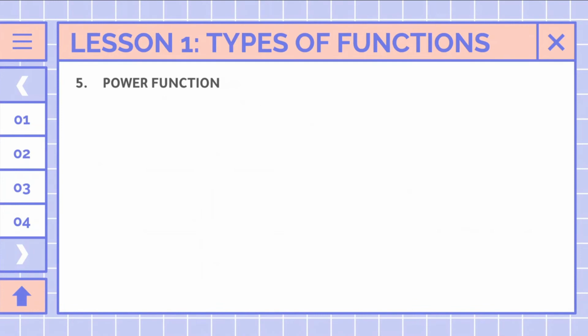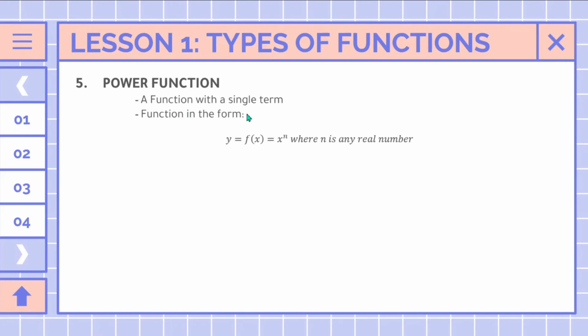So, the fifth is power function. Sabi sa definition, a function with a single term or a function in the form y is equal to f of x is equal to x raised to n, where n is any real number. X is yung base. The n is the exponent.